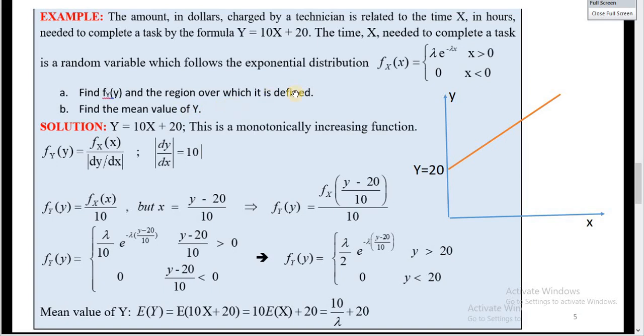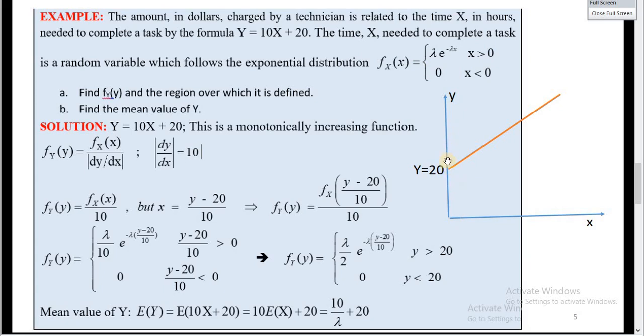So this is the graph which relates x to y. We have this relationship. This is the curve y equal 10x plus 20. When x is 0, y equals 20. And when x is infinity, y also goes to infinity. So x as a random variable changes between 0 to infinity.